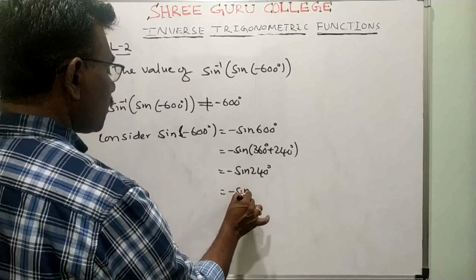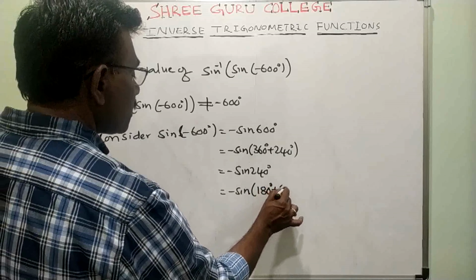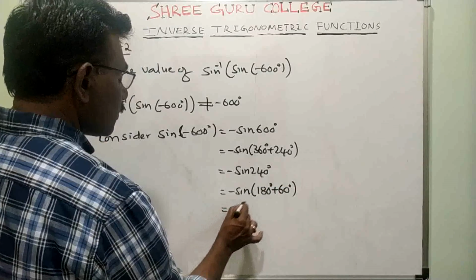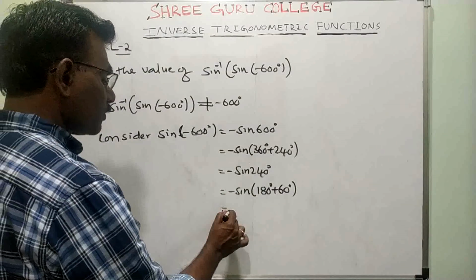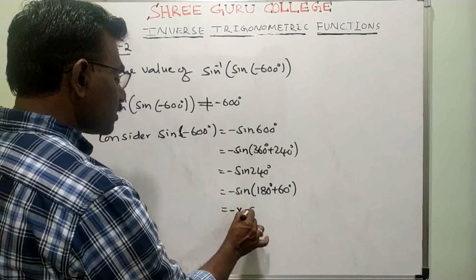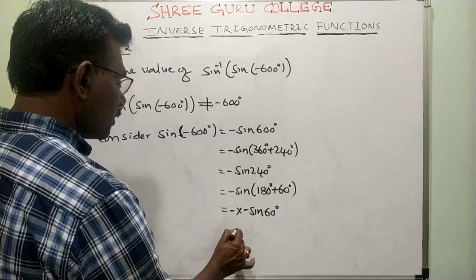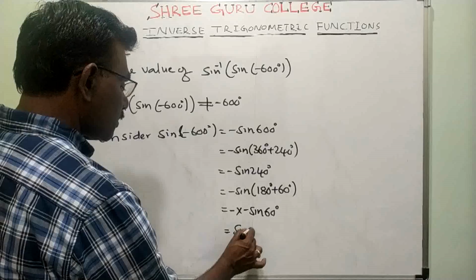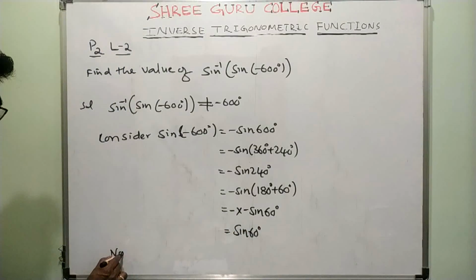Once again, sine of 180 degree plus 60. So 180 plus theta is the third quadrant, negative, so minus into minus, sine 60 degree. So sine 60 degree.